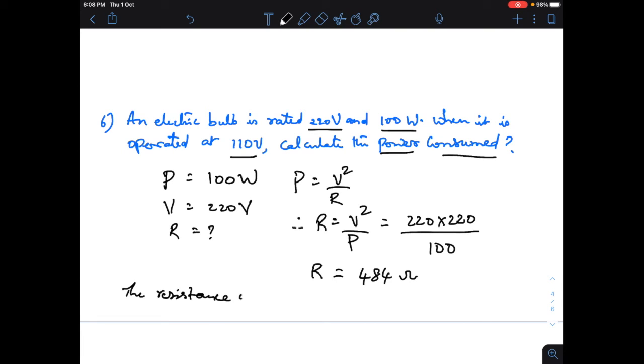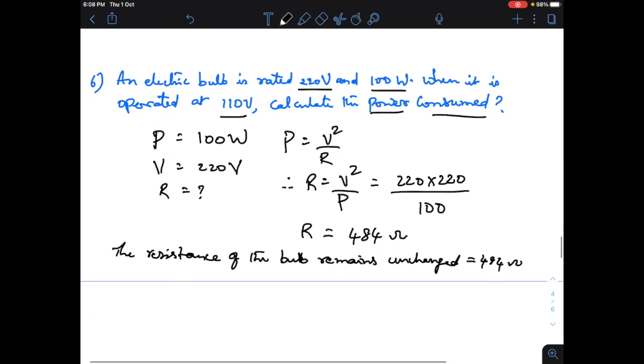The resistance of the bulb remains unchanged and is equal to 484 ohms. Therefore, now R is equal to 484 ohms and V now is 110 volts, when it is operated at 110 volts.